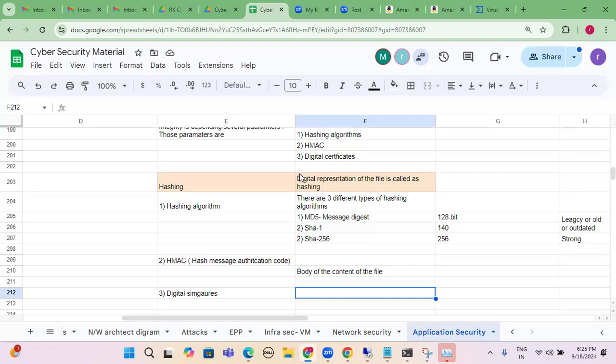Based on what parameter? Digital signature. We have to open the file, click on the digital certificate file and verify our identity, so that our signature can be verified based on the cryptography or hashing algorithms we used.